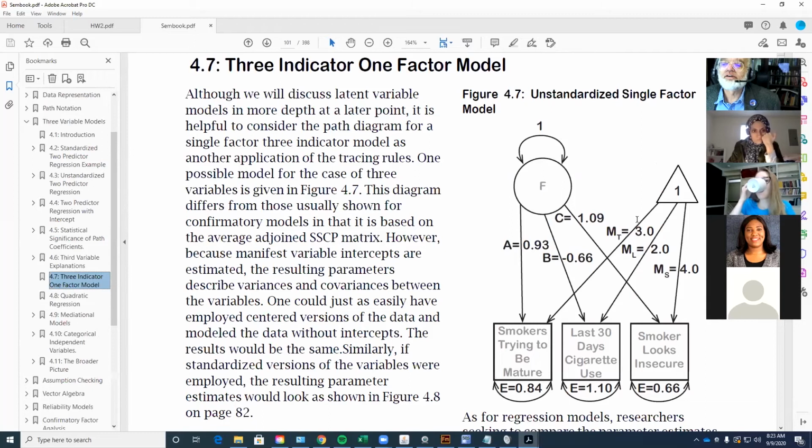Ignore the triangle for the moment. Apart from arranging these two things differently, I'm saying I'm going to have my latent variable point at my criterion, and the correlation between these two variables, as well as the regression predicting the criterion, are explained by this latent variable.